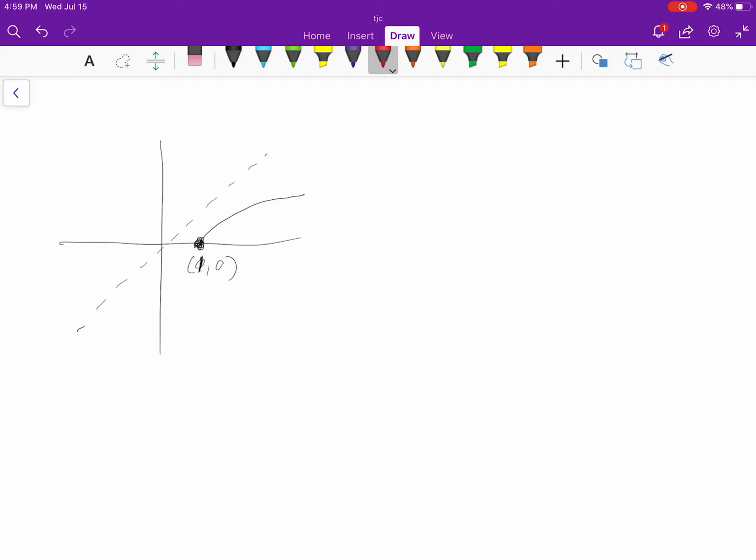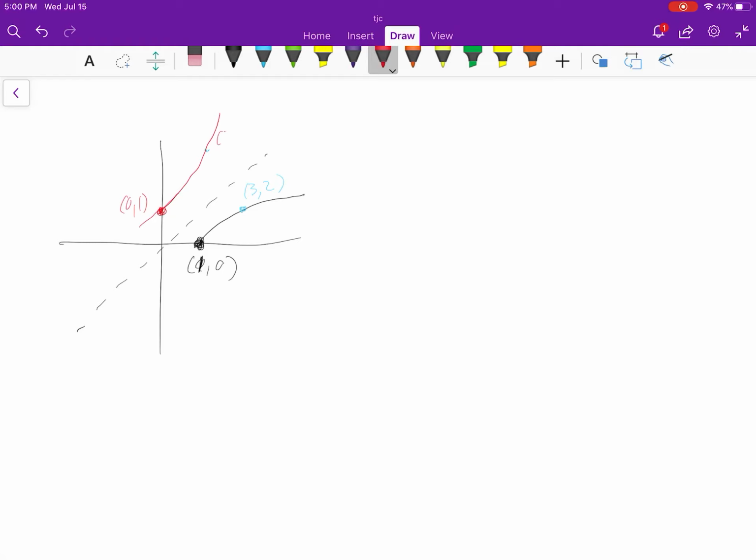So if the original point here was 1, 0, on your inverse function, which I'm going to do in red, you're going to have the point 0, 1, which is there. And then if you have the point here, let's say this point is 3, 2, then up here you're going to have the point 2, 3.